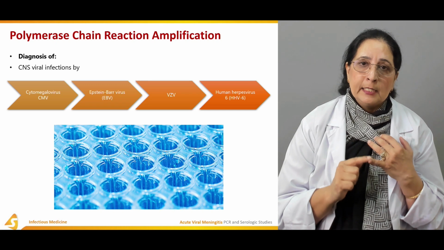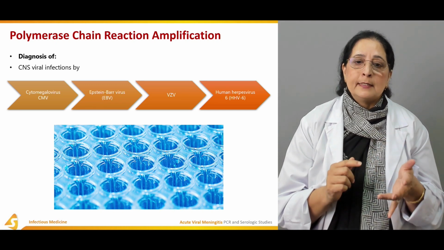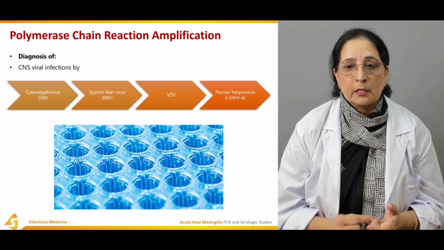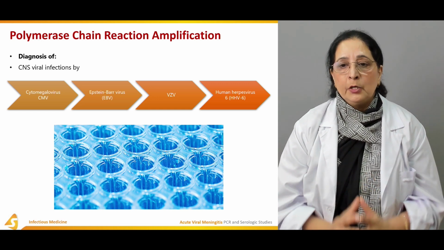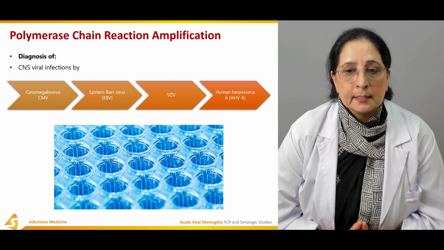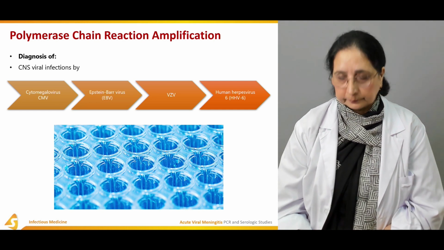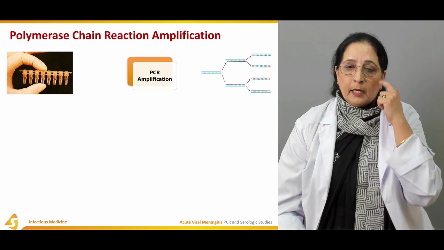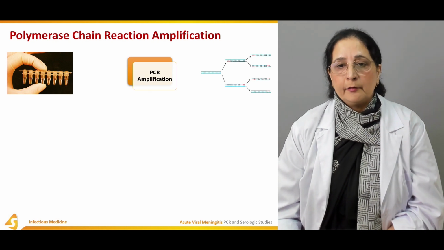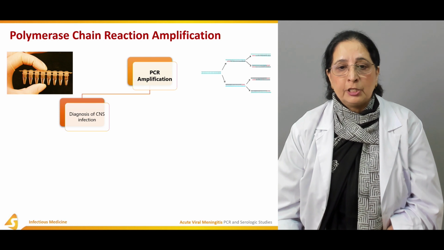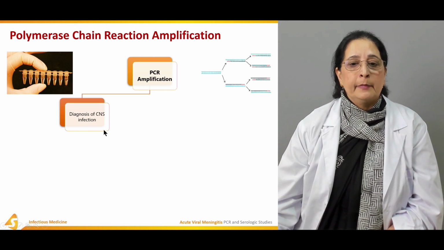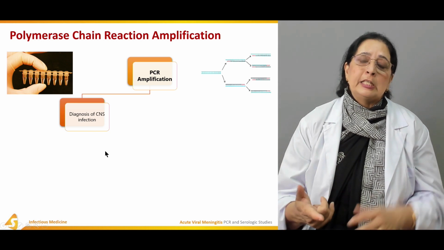We have CMV, Epstein-Barr virus, varicella-zoster virus, and human herpes virus type 6. Again, polymerase chain reaction amplification is used in the diagnosis of central nervous system infection, including meningitis.